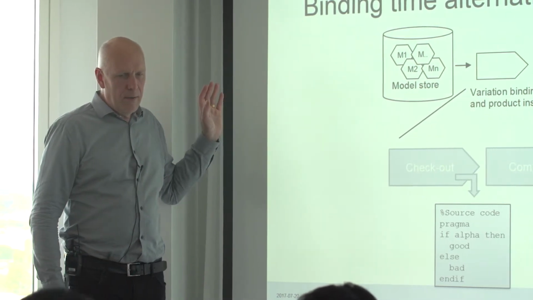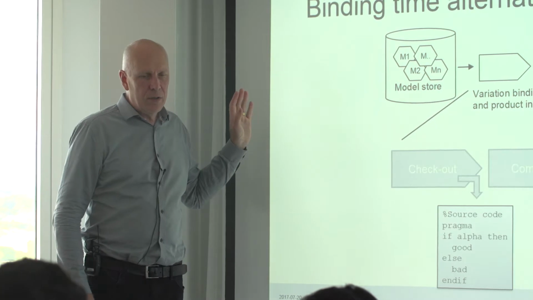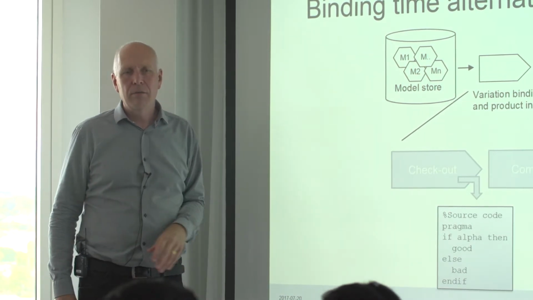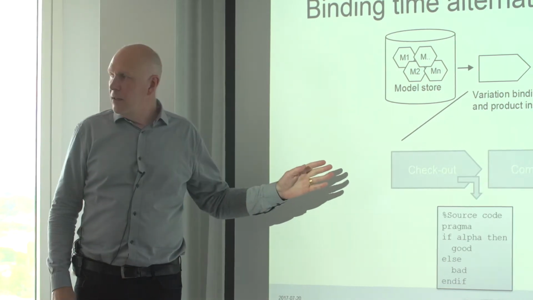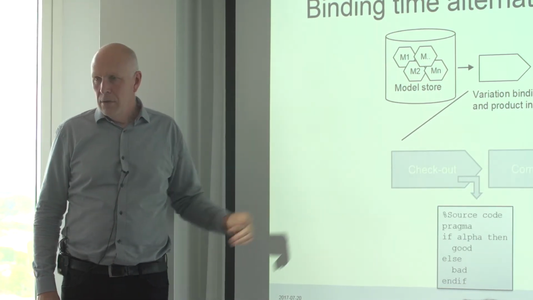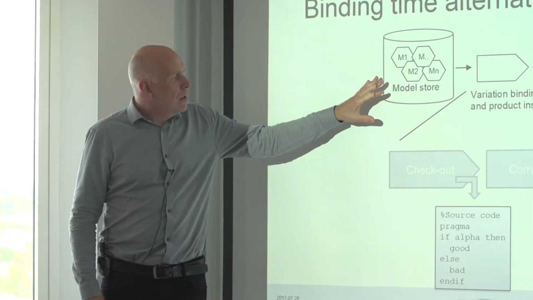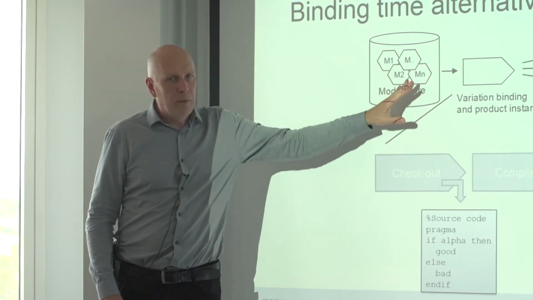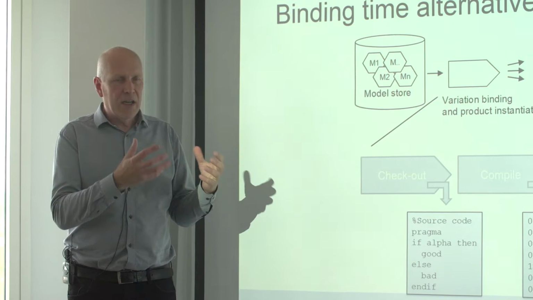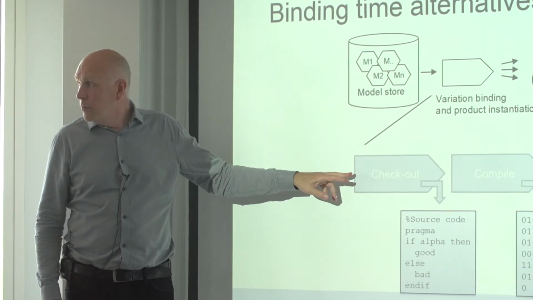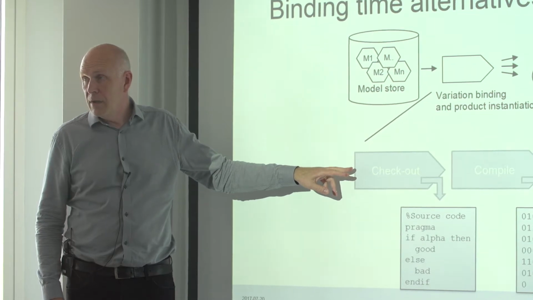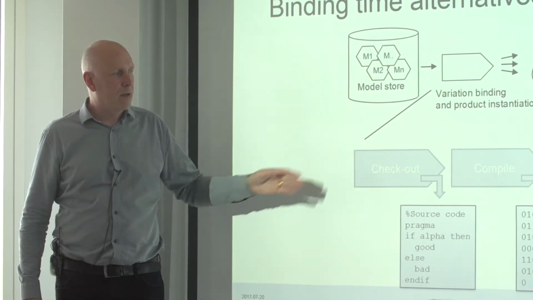During the configuration, build and integration of the set of models, we have different binding time alternatives. For example, in the first step, when we take the models, we can check out a subset of the models. So there we choose just a subset. That's the early binding time.